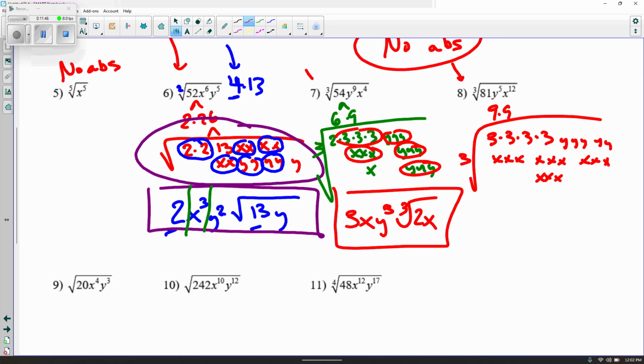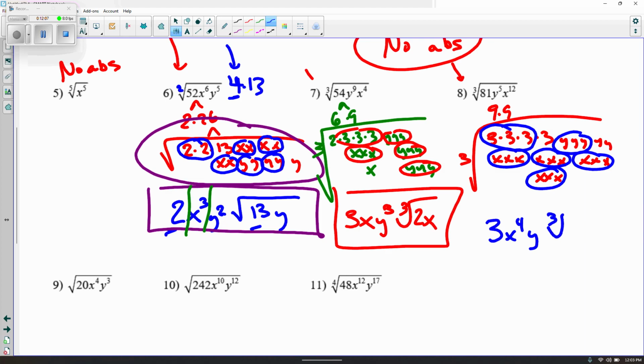If it would guarantee you would get an answer on that, why not? Circle all those. Those are the ones that get left outside. So 3x to the fourth y cube root of 3y squared. No absolute values needed.